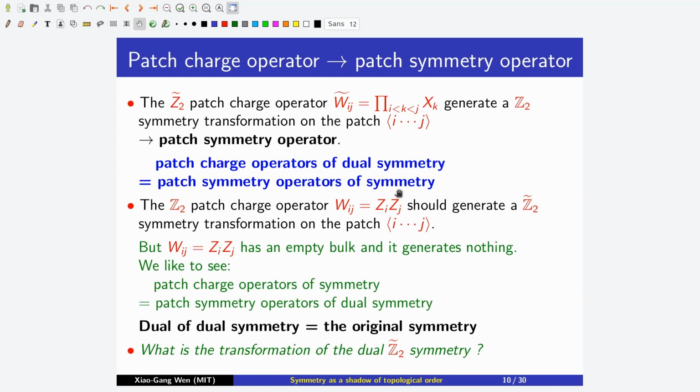If you follow this, then for the Z2 charge operator, which is a product of Z, what is its symmetry? The trouble is that we have a product of Z operators, but the bulk is empty. So there's no bulk, and it looks like we don't have a Z2 dual symmetry. We don't have the transformation. The transformation is trivial.